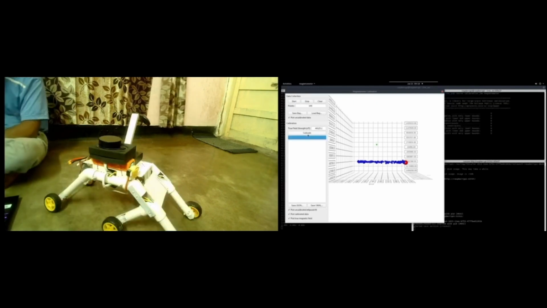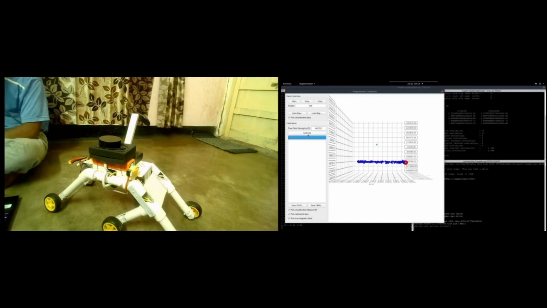Now when I calibrate, you will see that a perfectly circular disk will be generated, and we get the calibrated values in the form of a 4 cross 4 matrix, in which the top left 3 cross 3 matrix gives the rotation transformation, the top right 3 cross 1 column defines the translation values, and the bottom row gives us a scaling factor, which is generally 1.